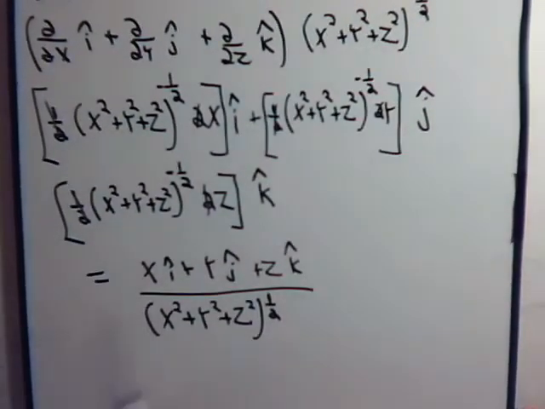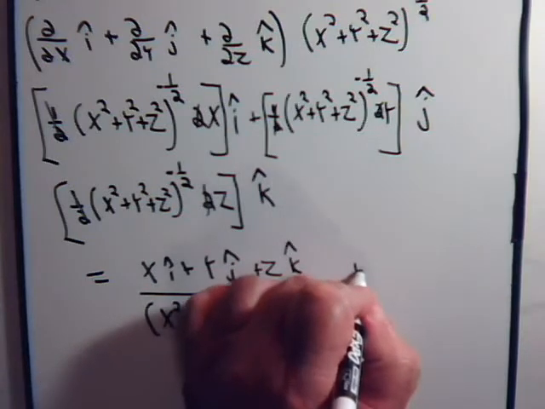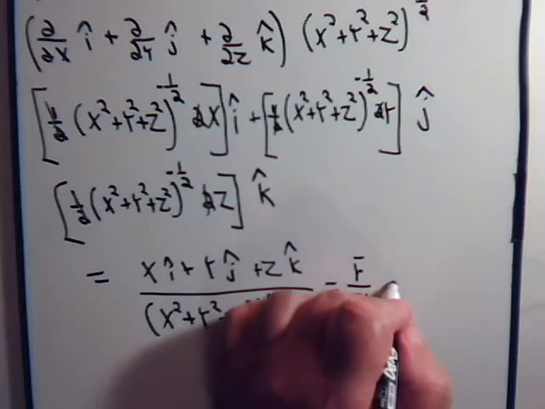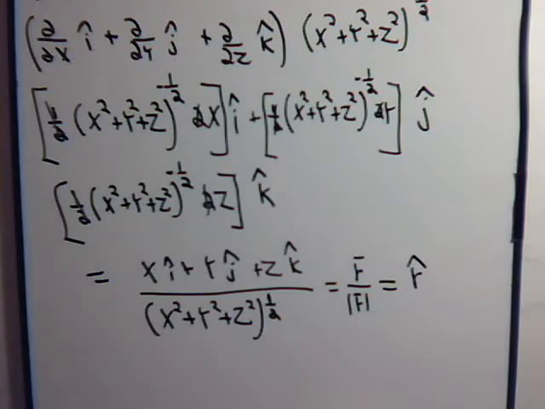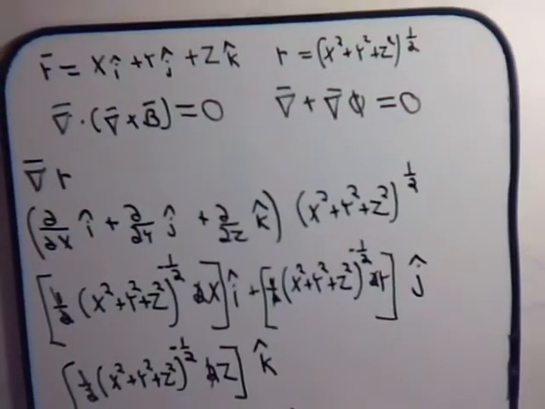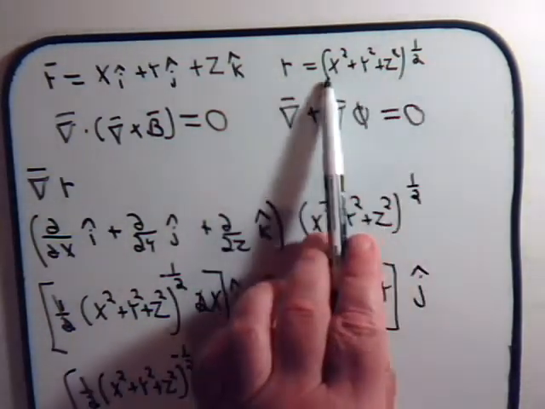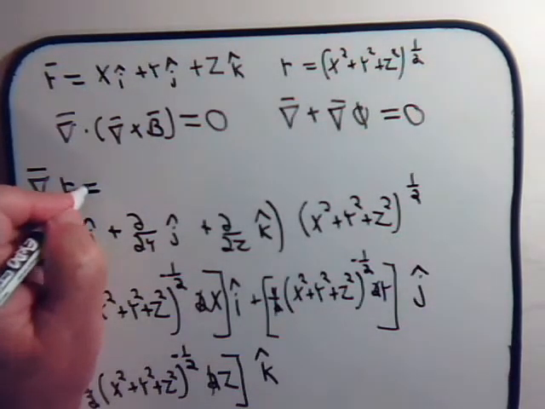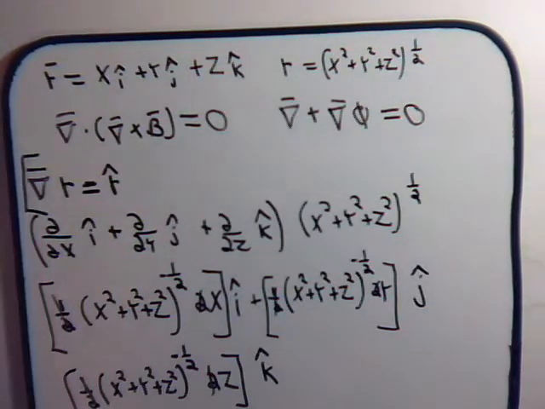And this is the magnitude of it. So we have r divided by its magnitude. So that just gives us the unit position vector. So going back up to here, here's the position vector. This is its magnitude. You take the gradient of that, and the resulting vector that you get is the unit position vector.